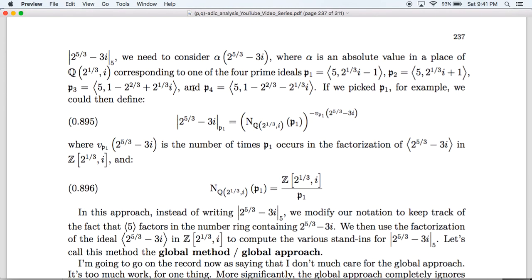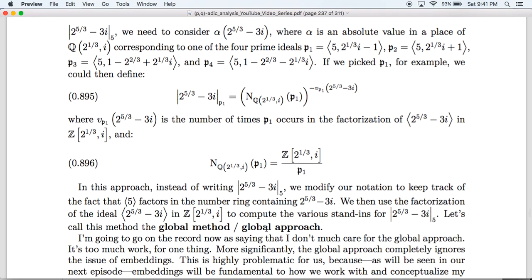Let's call this method the global approach. In the global approach, when we see an expression like this, where it's an algebraic number and we want to consider its L-adic absolute value, we first look at the prime ideals of the number ring that lie above L, and then we pick one of them to interpret it.